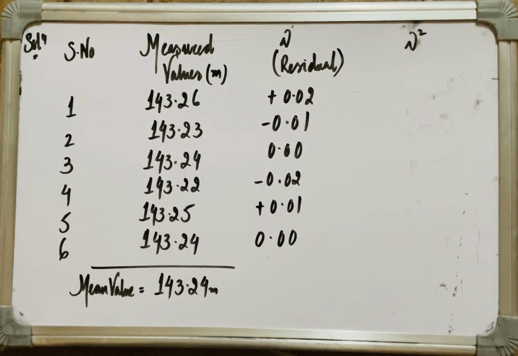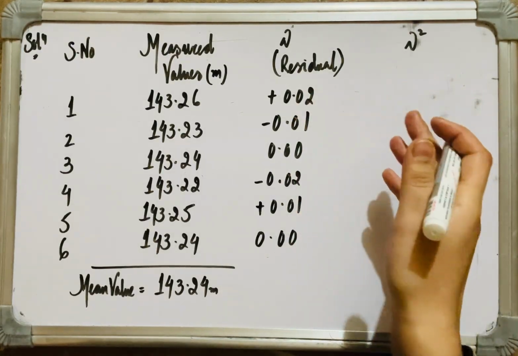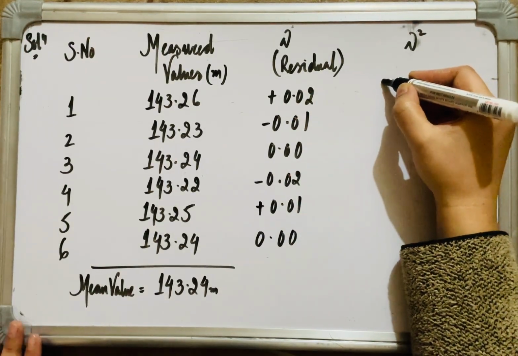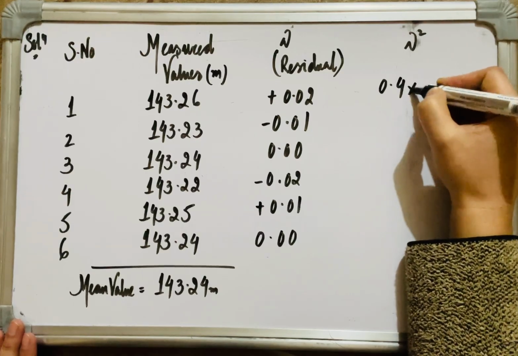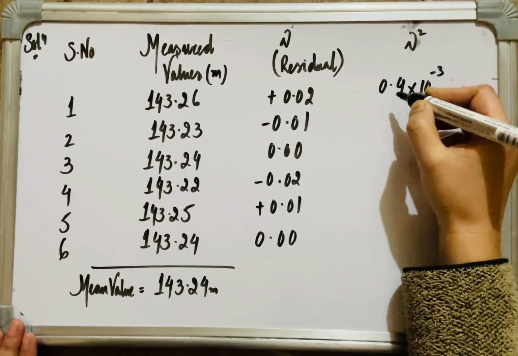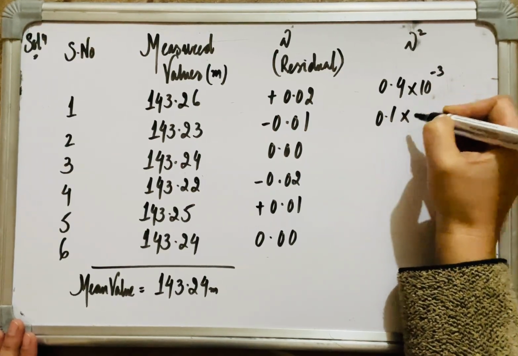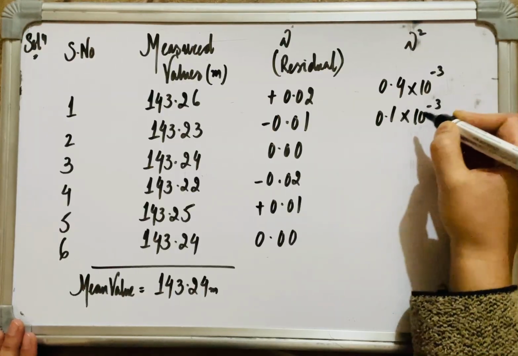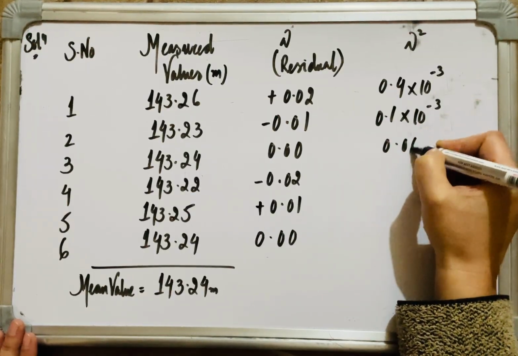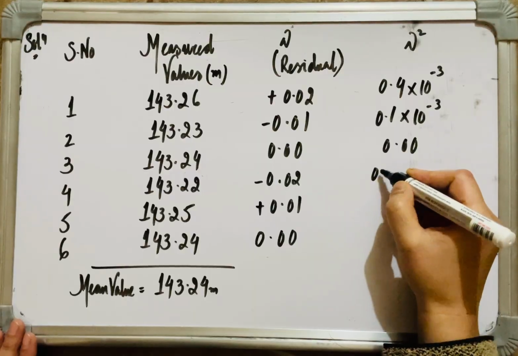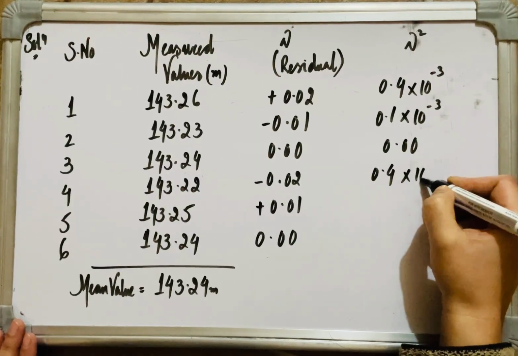All right. The next task is to calculate the square of the residual. We have to square each value. The first one is equal to 0.4 into 10 raised to the power minus 3. Next one is 0.1 multiplied by 10 raised to the power minus 3. Then we have 0. Then we have 0.4 into 10 raised to the power minus 3.